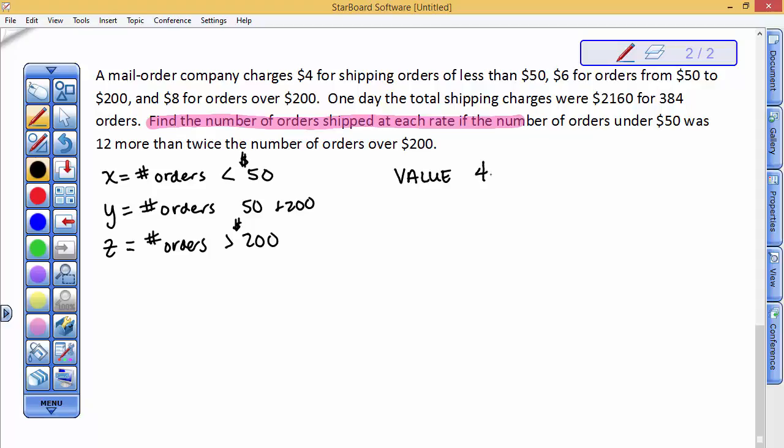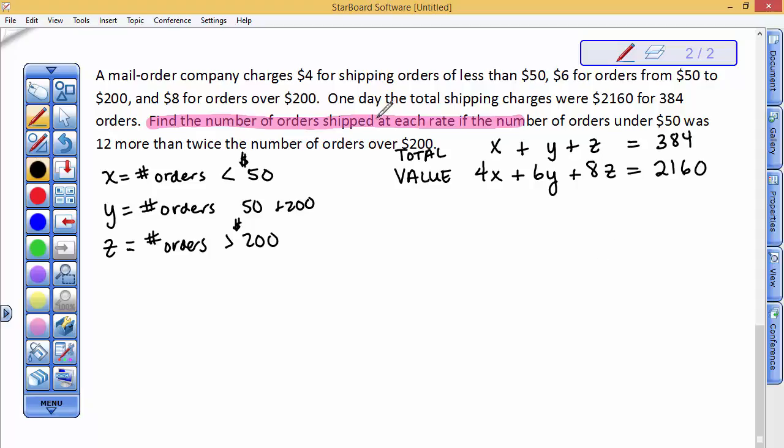So $4 for the X kind of shipments, $6 for the Y kind of shipments, and $8 for the Z kind of shipments, and the total value of all those shipments is $2,160. In that, there are 384 orders. You know, I kind of like my total statement to be first. So X plus Y plus Z, the total number of orders is 384.